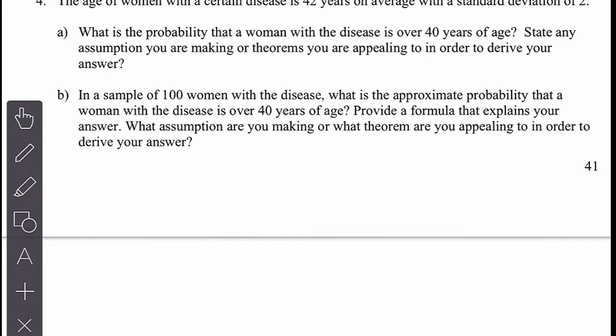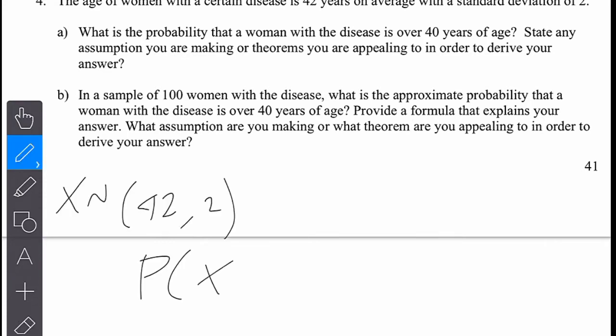So I don't know that it's normal. So how could I figure out the probability that a woman with the disease is older than 40?